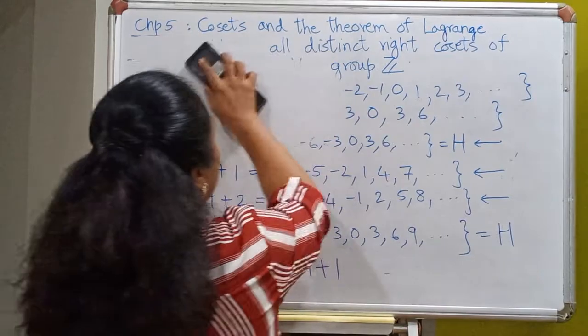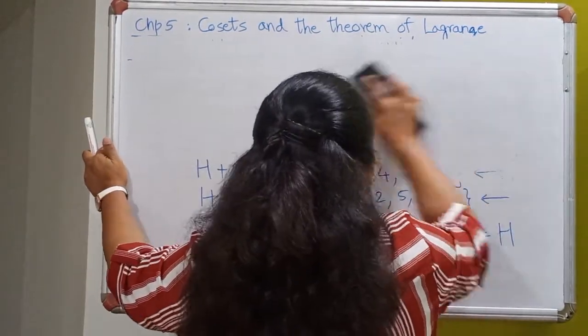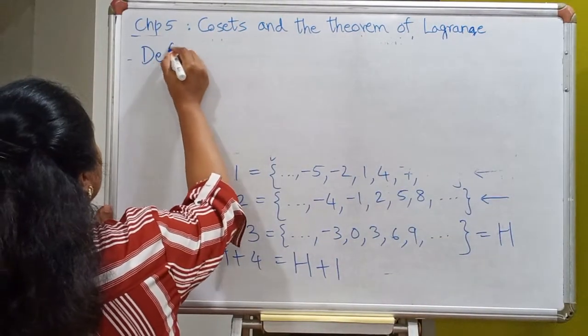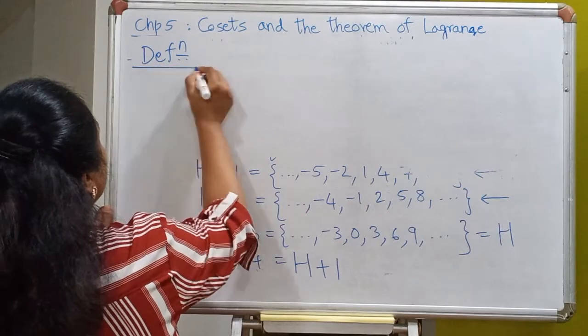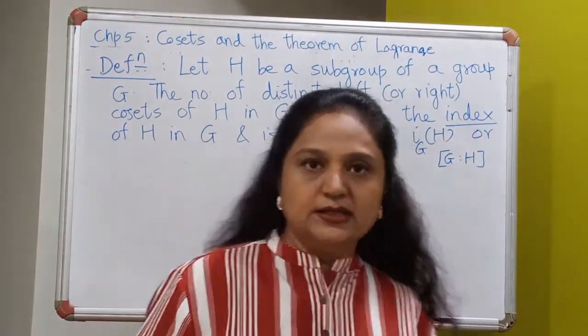So before we go to the properties of cosets, let me give you a definition immediately. Let's look at the definition of the index.